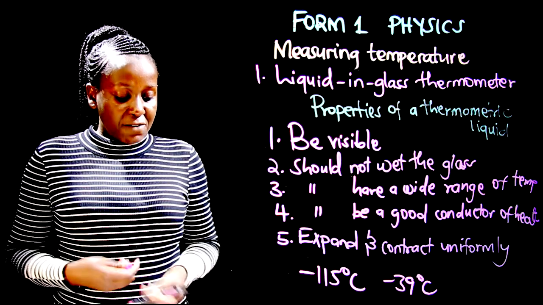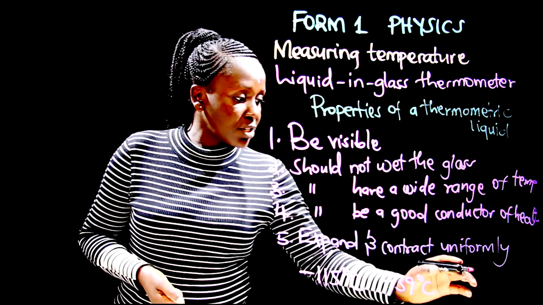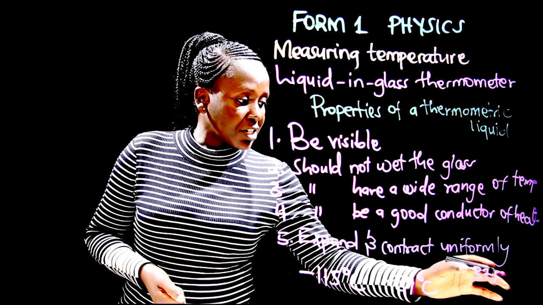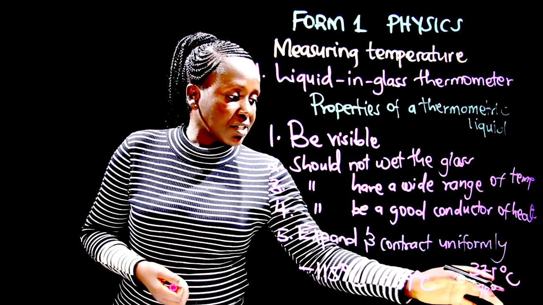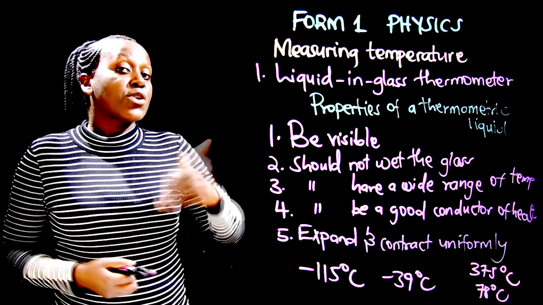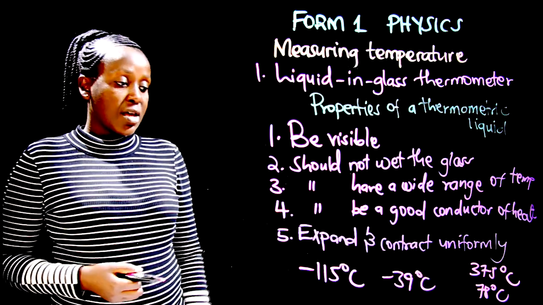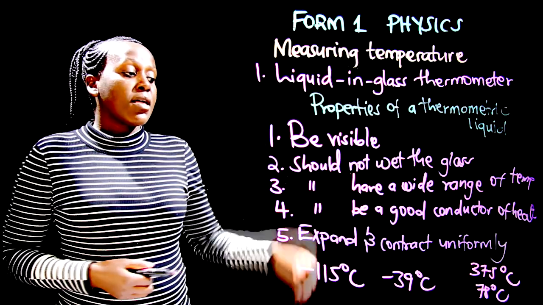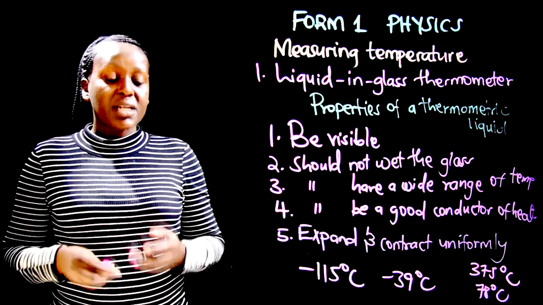So alcohol can measure very low temperatures unlike mercury. But then also another advantage is that mercury has a boiling point of 375 degrees Celsius, while alcohol has 78 degrees Celsius. So alcohol cannot measure temperatures above 78 degrees Celsius, but mercury can measure temperatures up to 375 degrees Celsius.